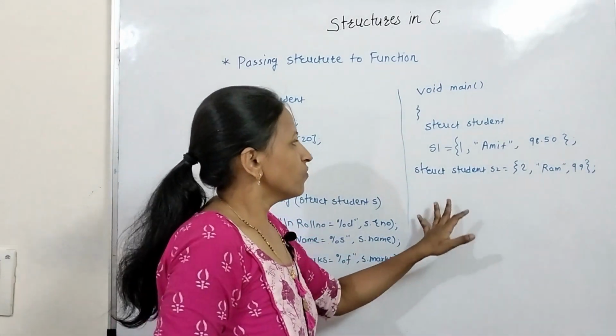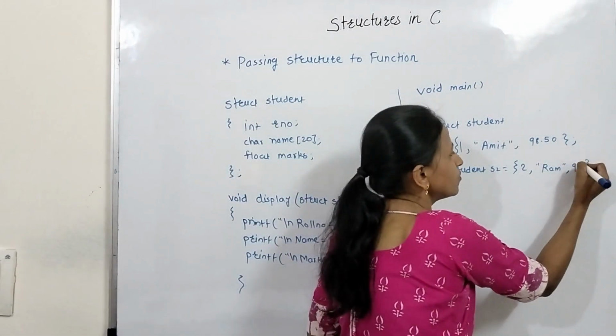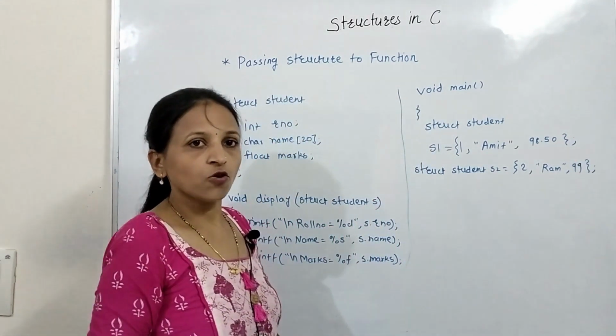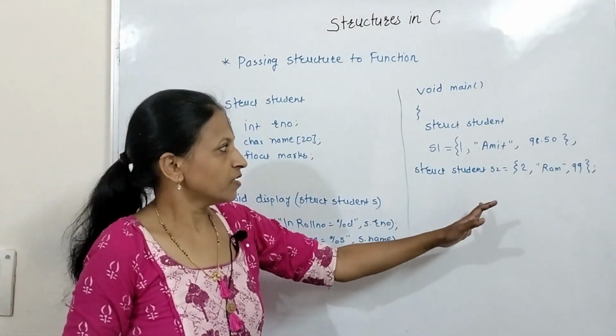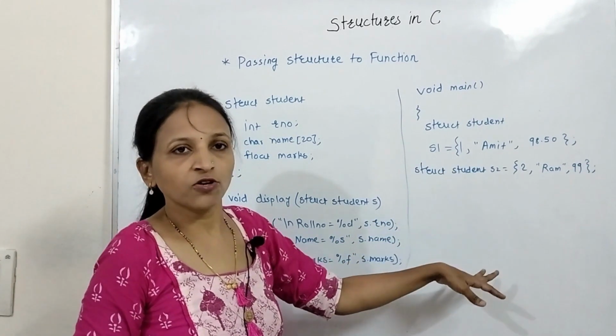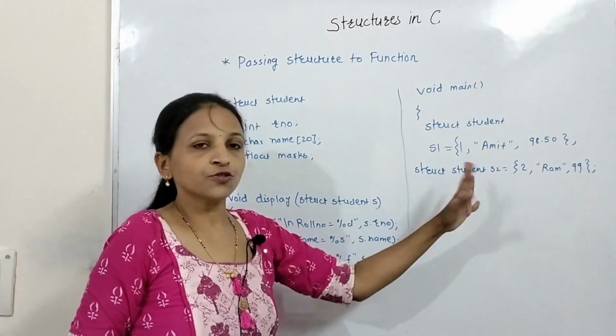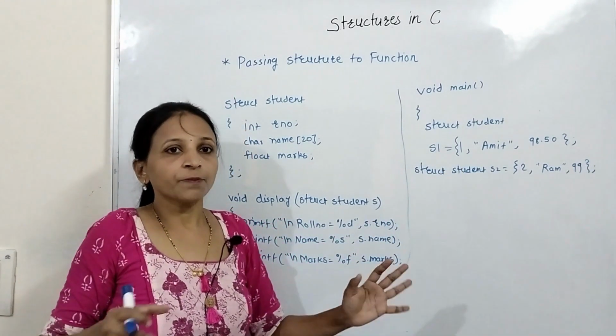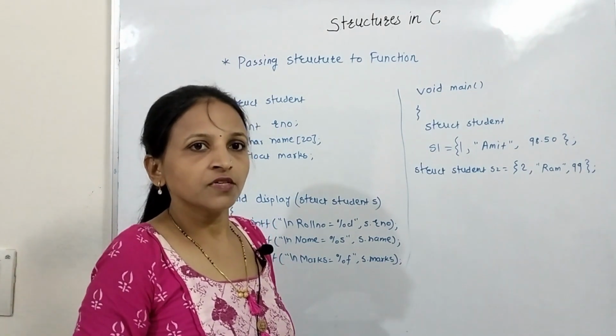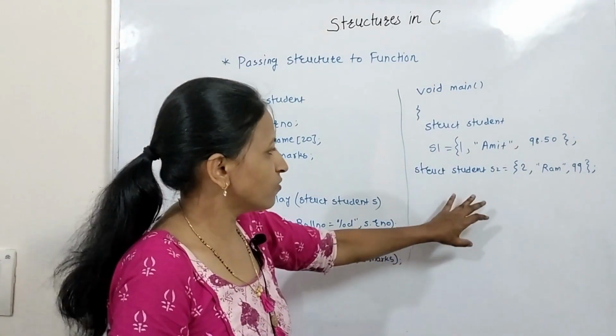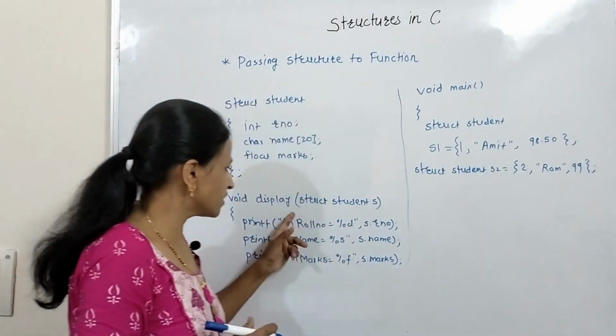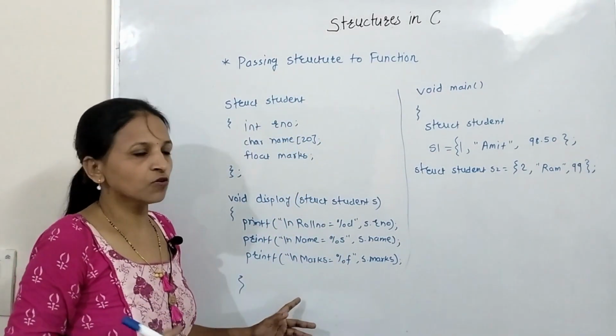Now to display whatever data of s1 and s2, we would have to write all those statements, like s1 dot rno, s1 dot name, s1 dot marks, then s2 dot rno, and so on. To avoid repetition we can use the function concept. Whatever I want to do repeatedly, I write inside one function, and then I can call that function any number of times.